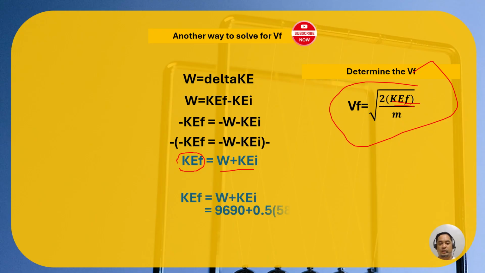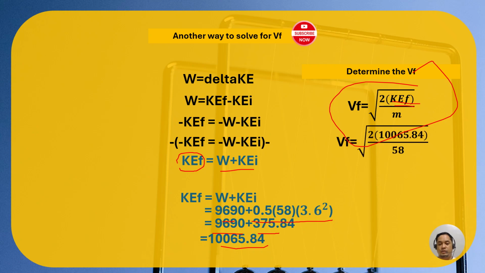So the work done earlier, we have 9690 plus 375.84, which gives you 10,065.84. This is the value of your KEF.